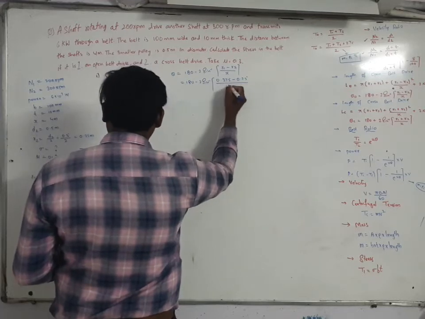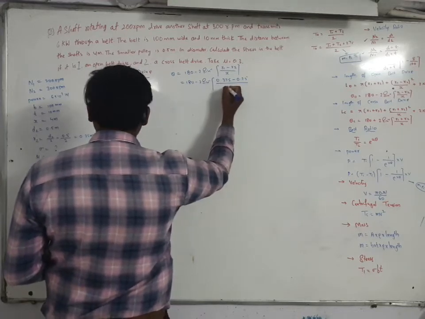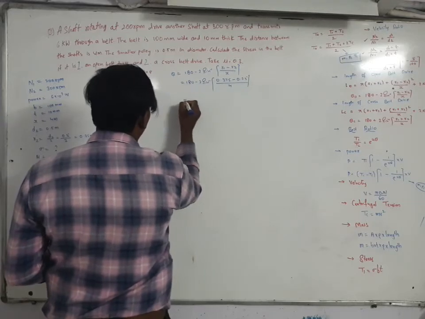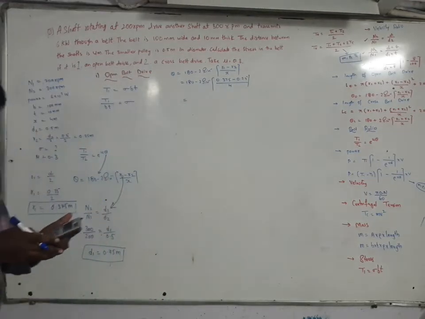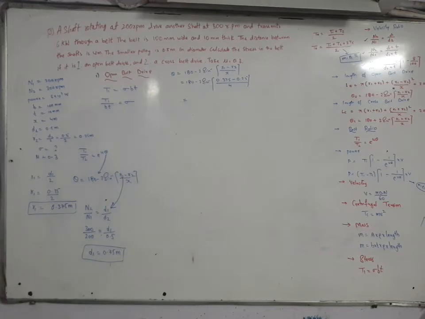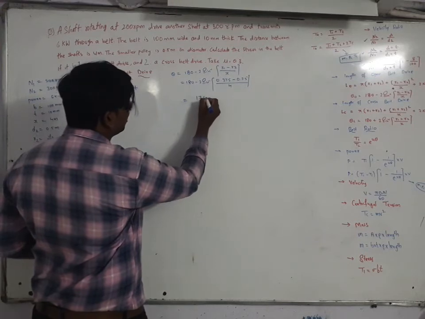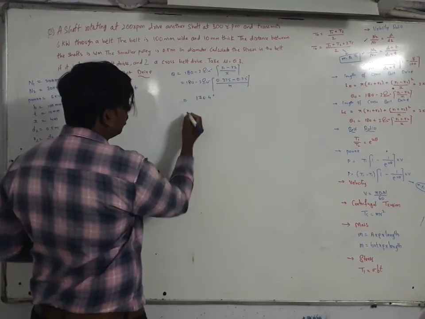Then the X value you know very well; it is given in your question, that is 4 meter. With the help of calci, try to solve this one. How much is the value? 176.4 degree.